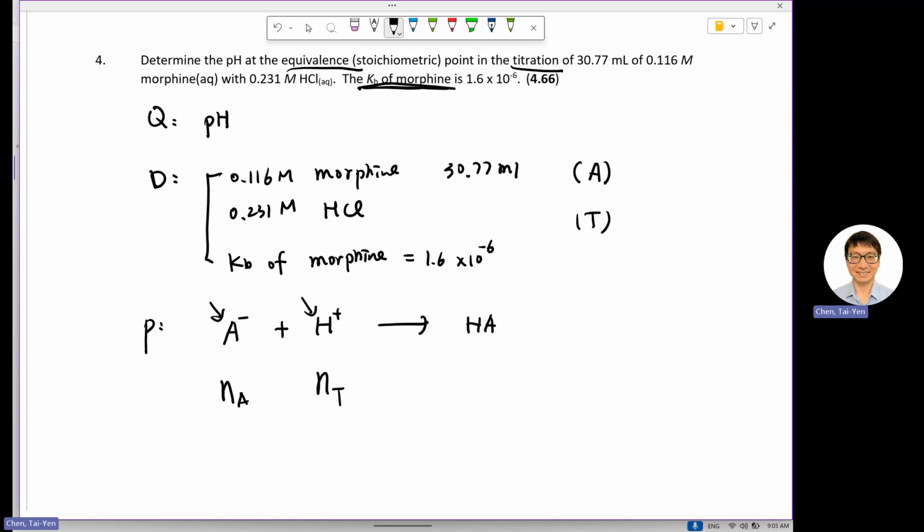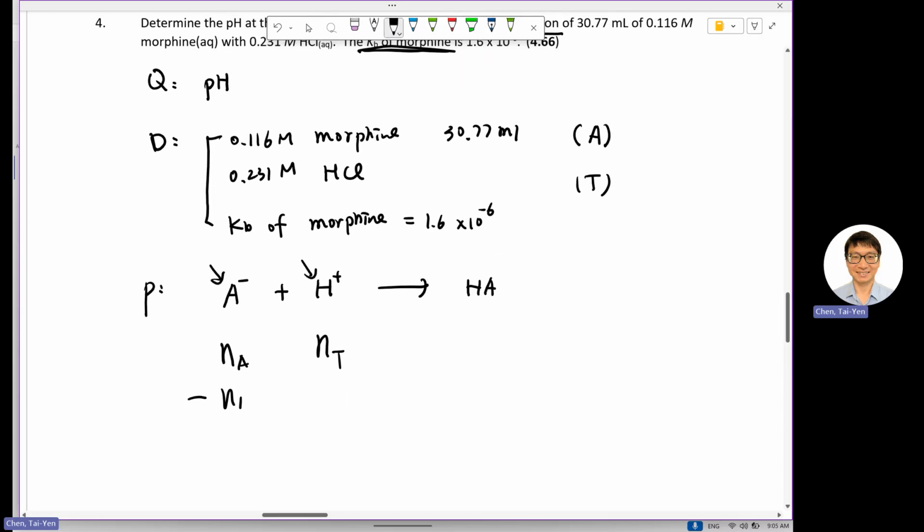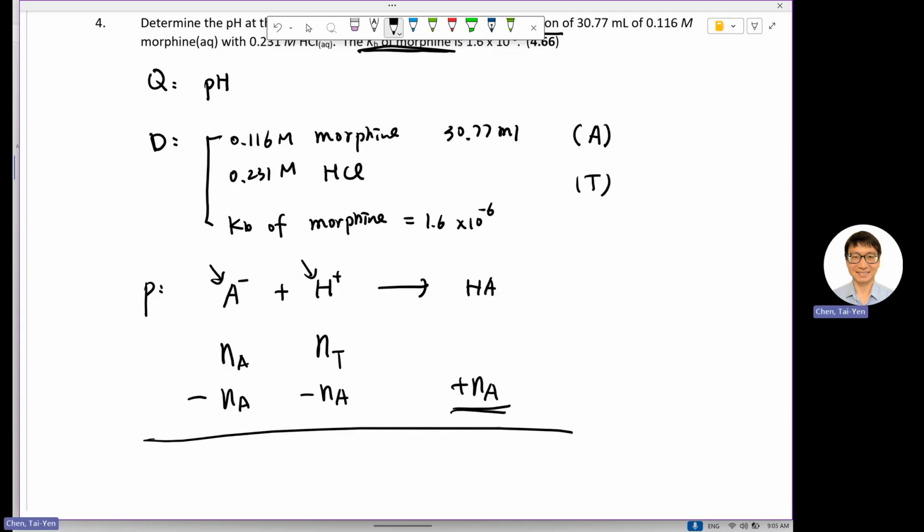At equivalence point, these two numbers are equal, so these two are going to kill each other. You minus the amount of A minus, you minus the amount of H plus, and you plus that much HA. Therefore, you know who is going to survive. The only thing that survives is HA. Therefore, at equivalence point, you're going to have a weak acid solution.